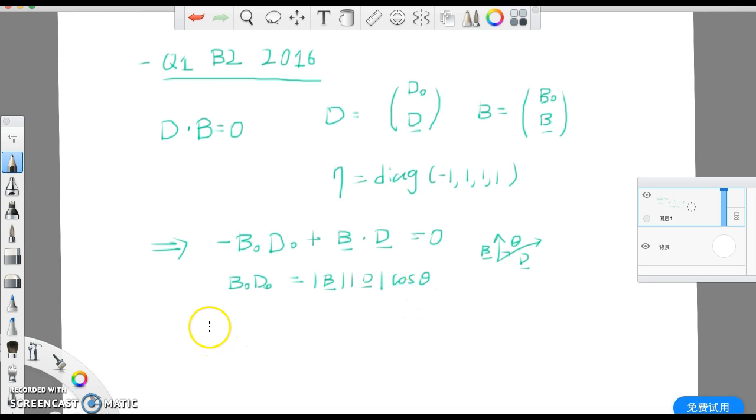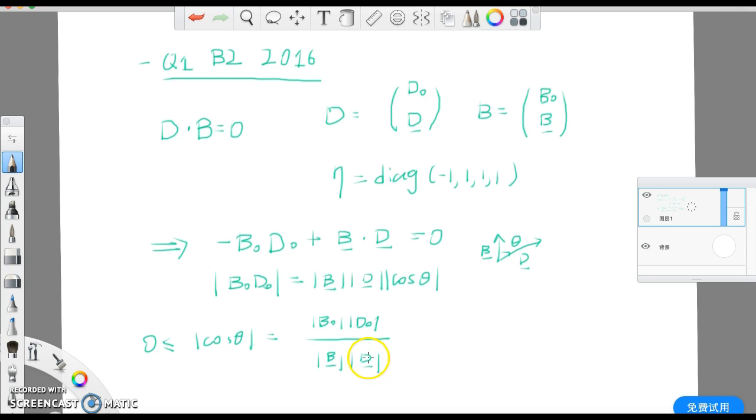Okay, and we know that if you take the absolute value of both sides, then you will find that the absolute value of cosine theta is equal to, so 0 must be less than or equal to this, and this is equal to b dot d over the length of b times the length of d.